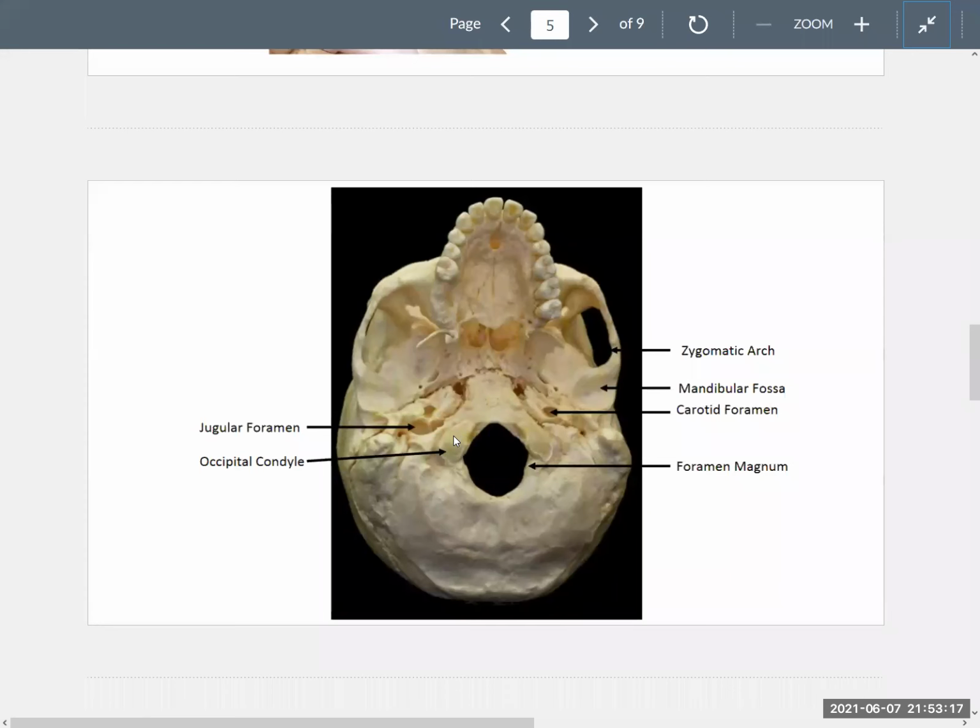The carotid artery moves through this hole here, okay, and goes into the brain. This is the carotid foramen. Here it is on this side. The jugular vein exits through this hole. You don't see it as a hole, I know.